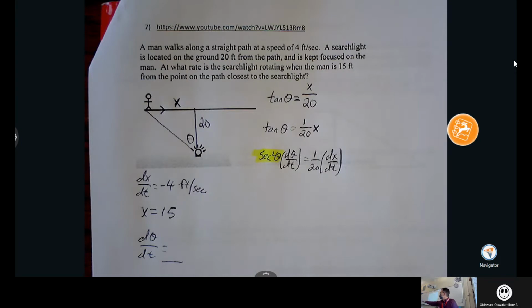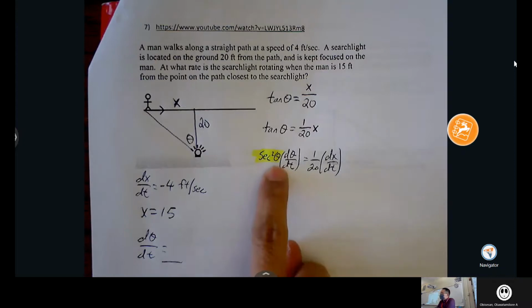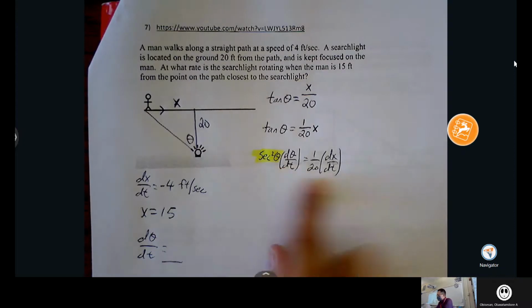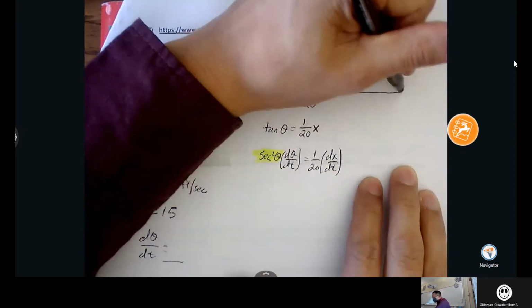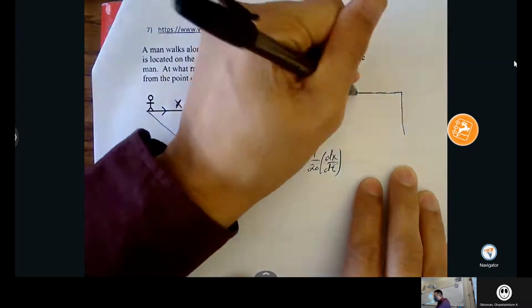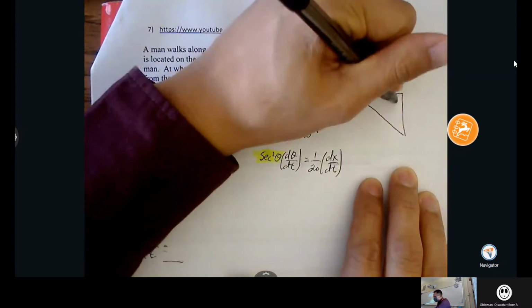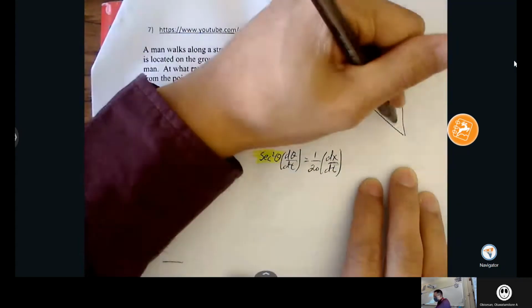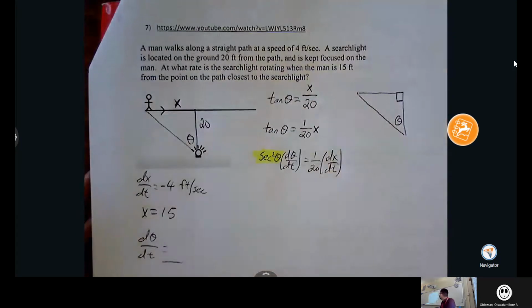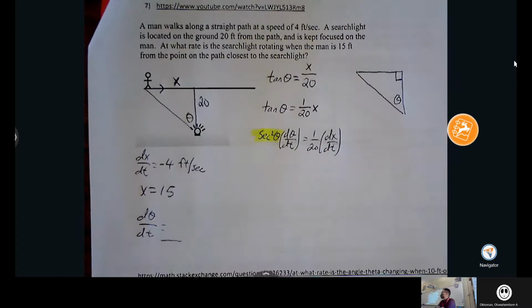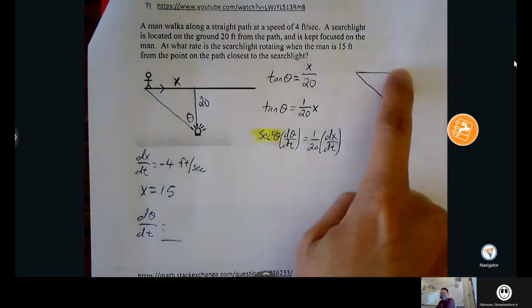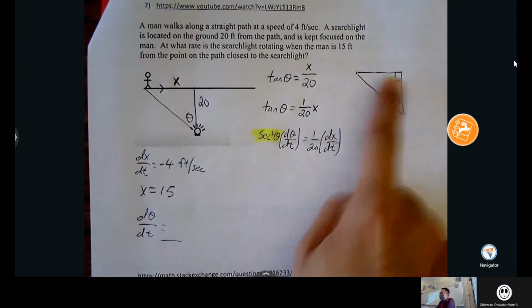There we go. We're on number 7. Why don't we create a second triangle, right? And let's see, can we fill in all the sides with a numeric value?